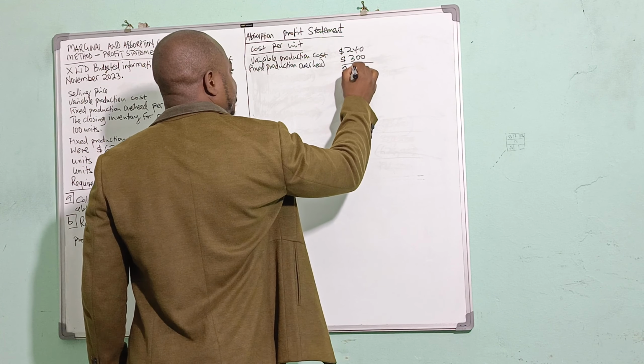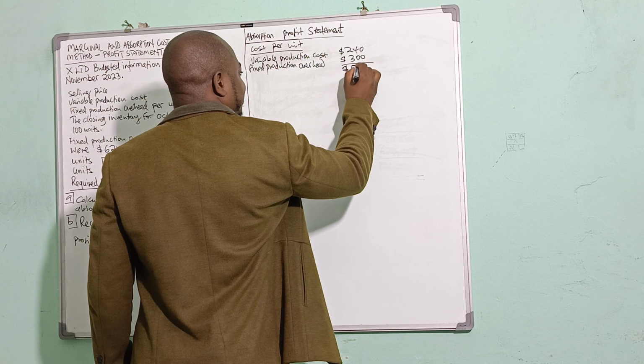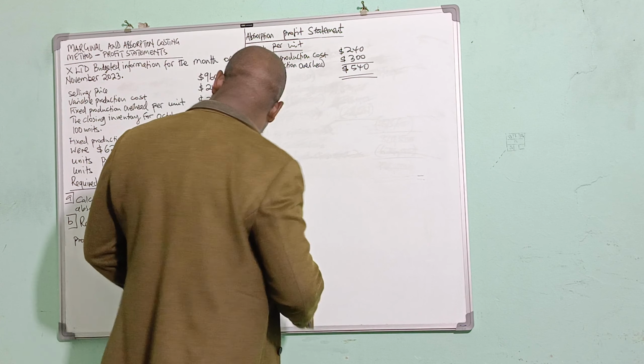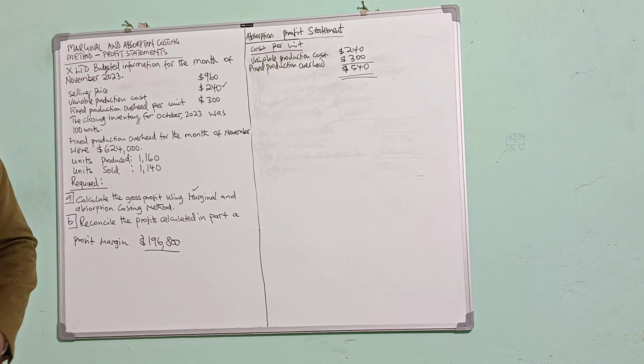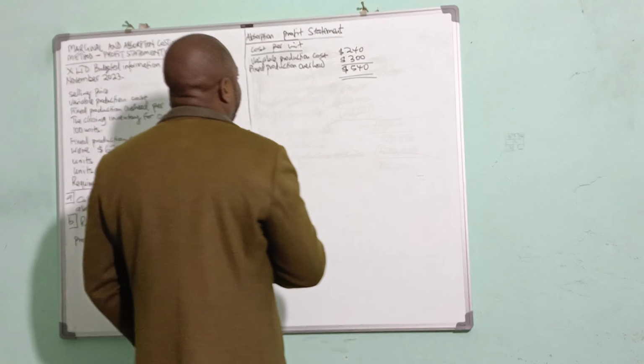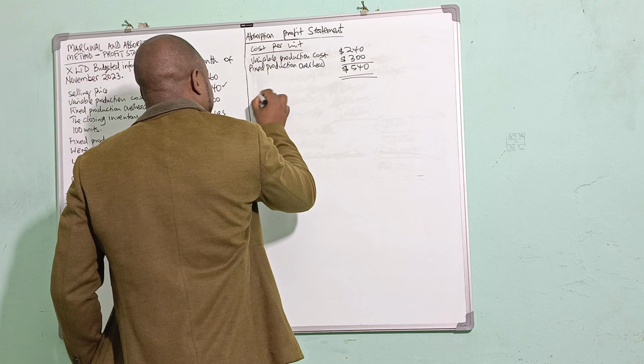And now the cost per unit is 540. Okay. Remember, in marginal we use the cost per unit 240. So this is what makes it a little bit different.